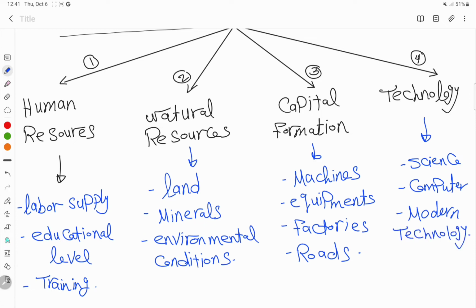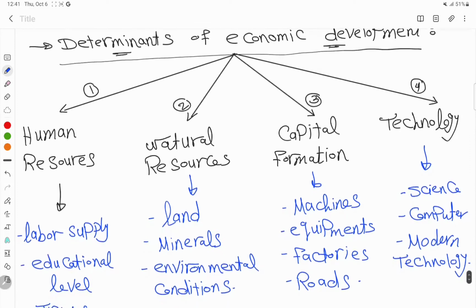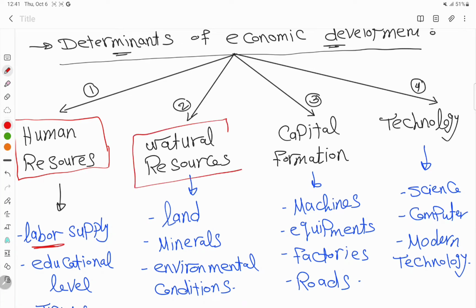So, the first important determinant of economic development is human resources. Human resources such as labor need natural resources to achieve economic development. So, number 1, human resources such as labor need natural resources such as land and minerals, and capital formation.